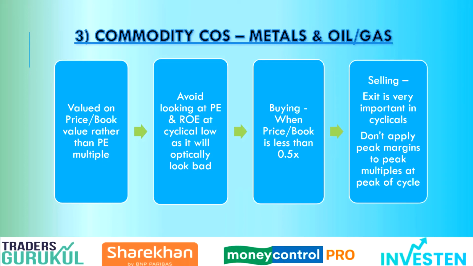Commodity companies are usually bought when their price to book is below 0.5x. On the other hand, the best time to sell is actually when they are trading earnings cheap. That is when the temporary supernormal earnings make them optically look cheap on a PE basis. In commodity companies, one should not make the mistake of applying peak margins to peak multiples at the peak of the cycle.